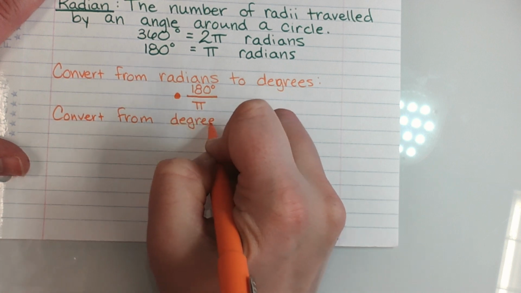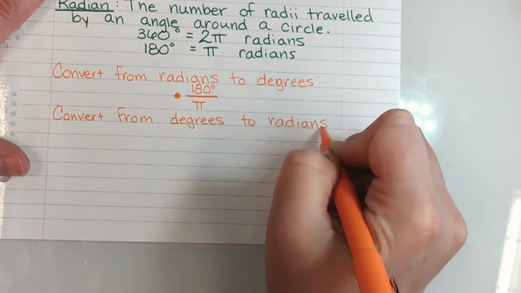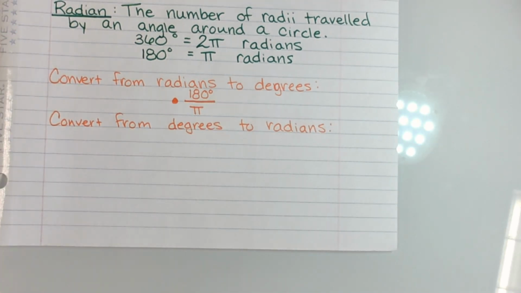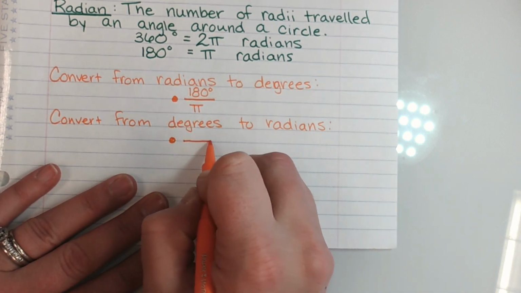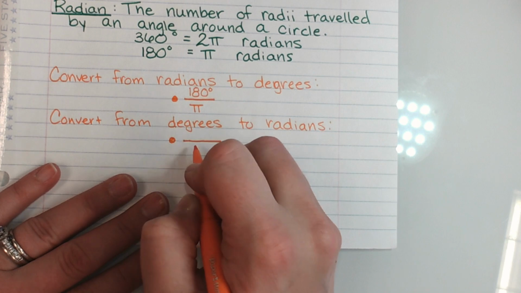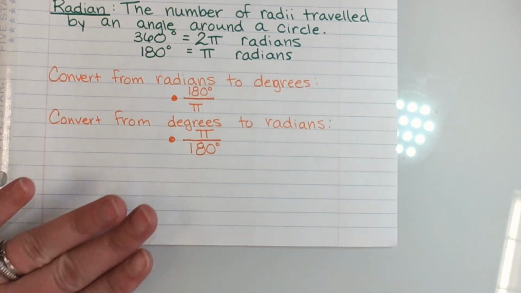If I want to go the other direction, if I want to convert from degrees to radians, technically I have that degrees in a fraction. The actual unit degree would end up on the top of the fraction, and I want it to cancel out, which means the fraction I multiply has degrees on the bottom. 180 degrees on bottom, pi on top.